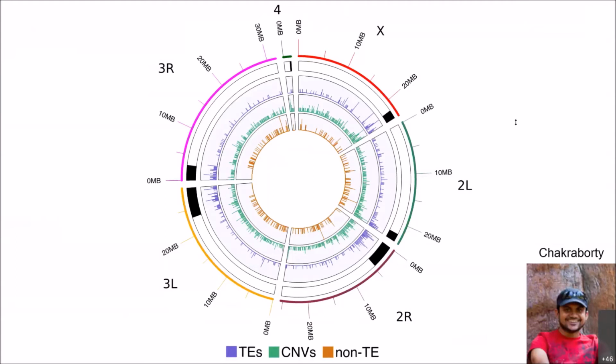The same thing for CNVs. When you get to the green and then the outer purple ring, you'll see the same thing for transposable elements. The biggest thing to see here, and we'll show you this later, is that variation is everywhere, and the amount of variation we're seeing here is a lot more than we've ever seen before.